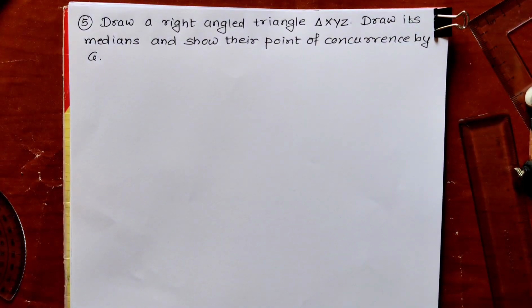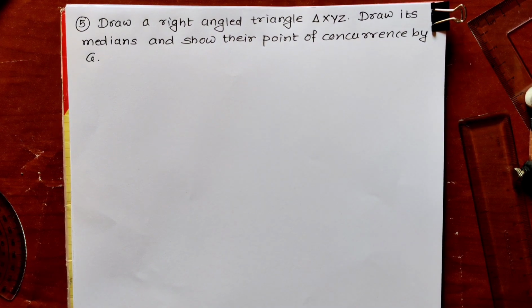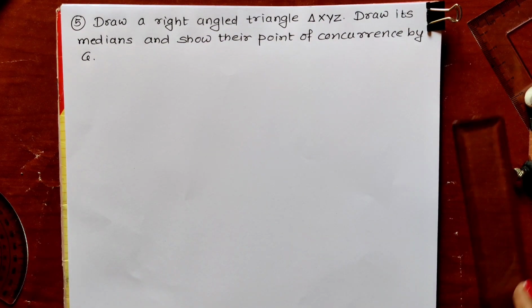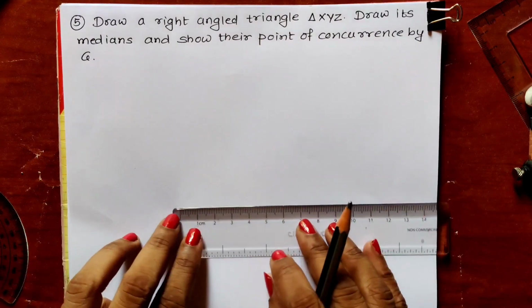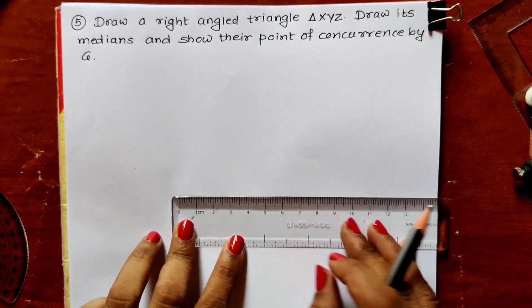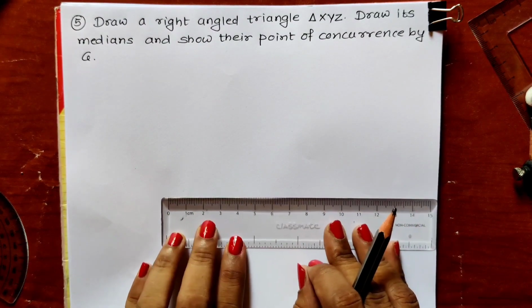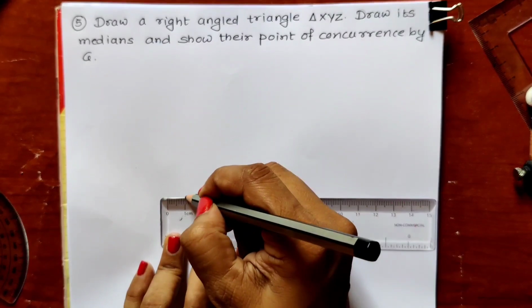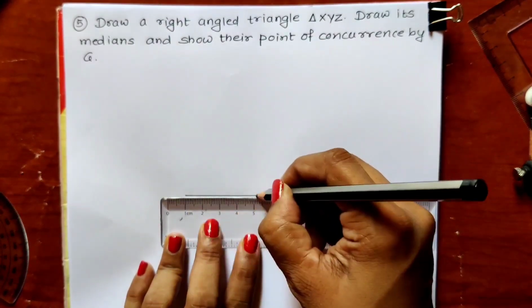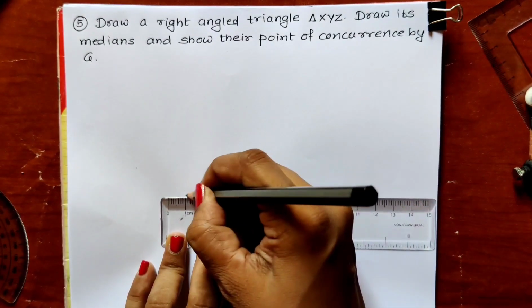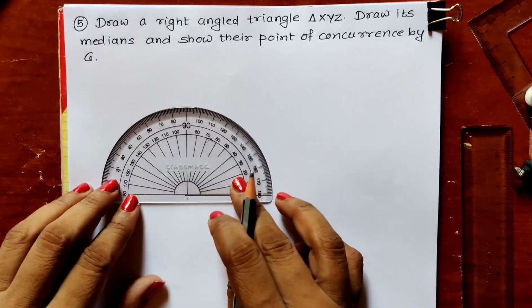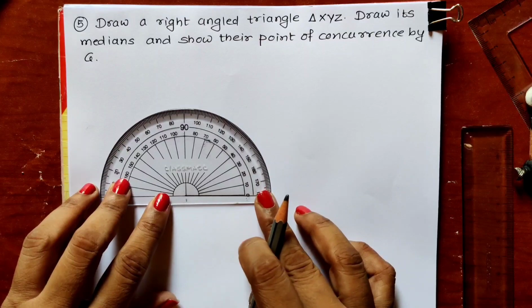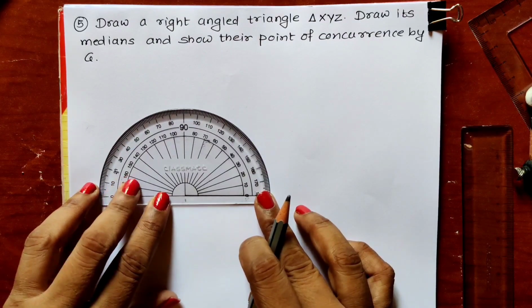So let us first draw a right angle triangle XYZ. We can draw any right angle triangle as the measurements are not given in these questions. So we have to take measurements of our own. Let me take any measurement as the base. In this way I have taken the measurement. Then I will have to draw one side at a ray of 90 degrees.